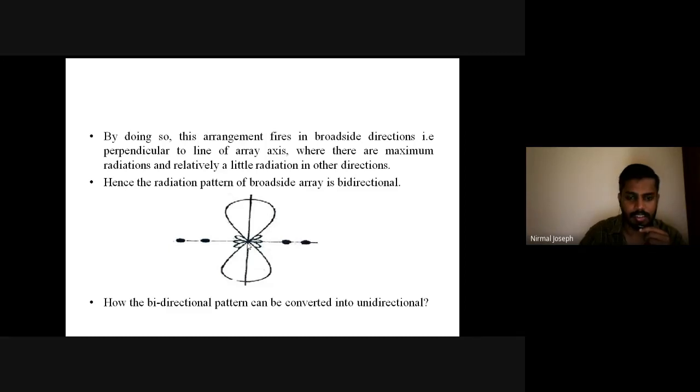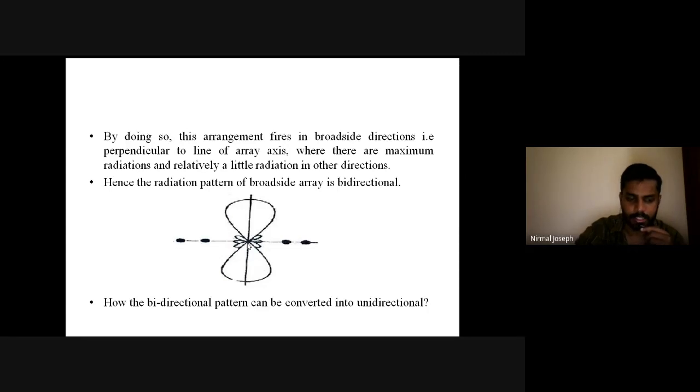And I have one question here. All of you please note down how the bidirectional pattern can be converted into unidirectional. I think I explained it in one class, maybe in EC1 or EC2, I don't remember, during our contact class session.